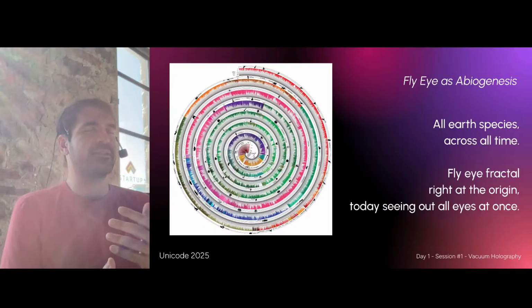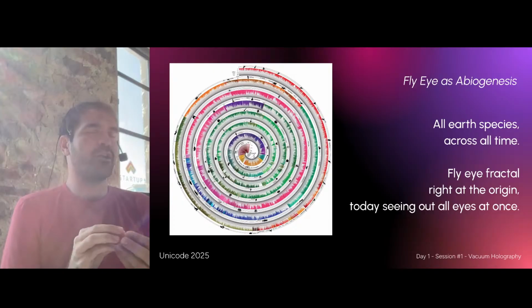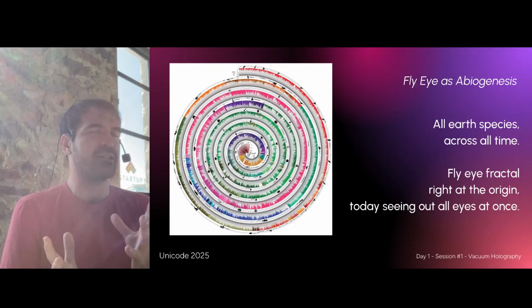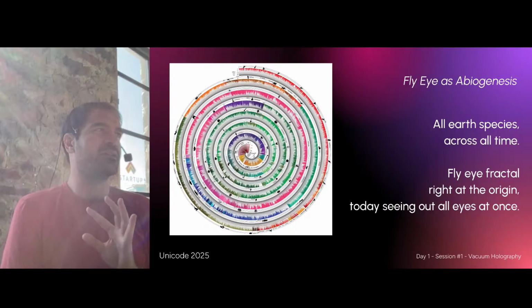You want your perception to be fractally spread and decentralized across all of those species and humans and observers.